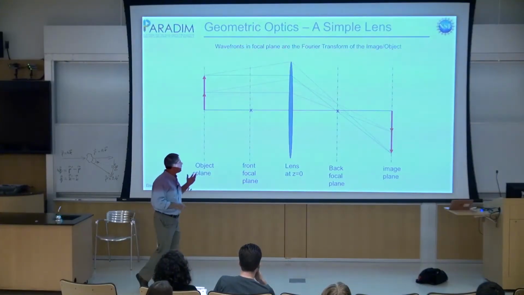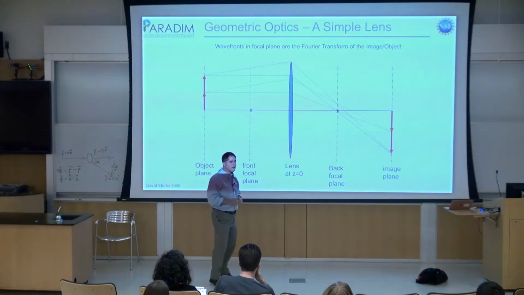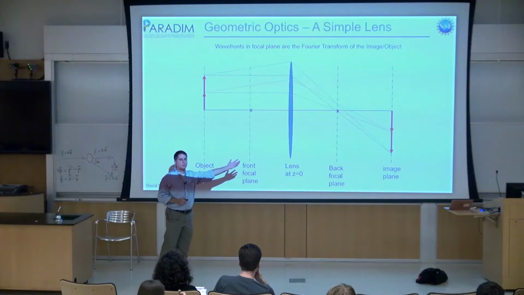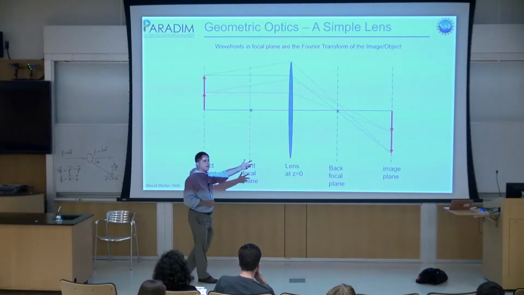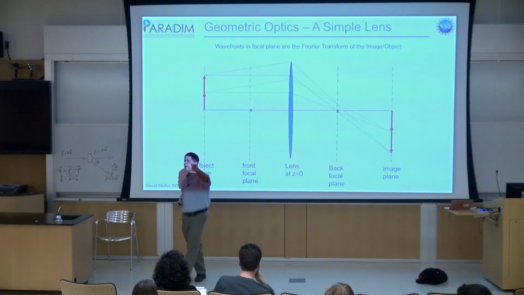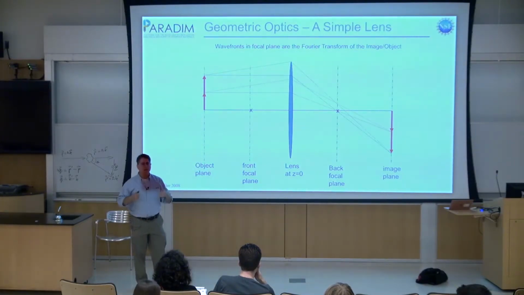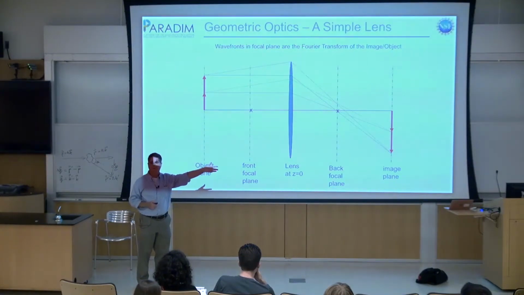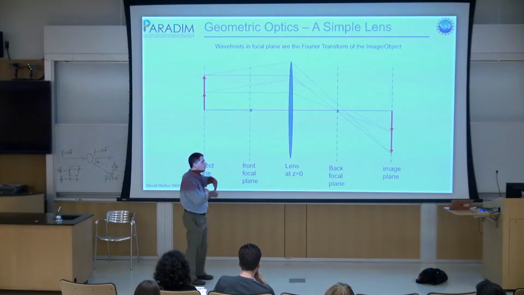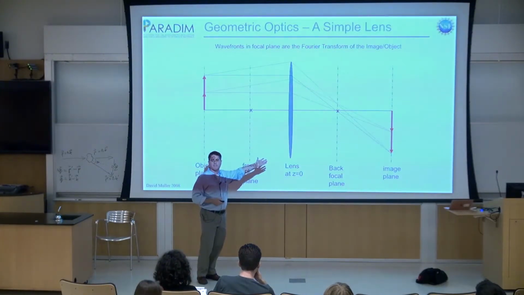So the way to think of what happened in the back focal plane is you're all very much used to spatial frequency and time frequencies. You're used to a wave with a period of a second, and then that wave has a frequency of 1 hertz. So spatial frequencies are like time frequencies, except they're in space and not in time.